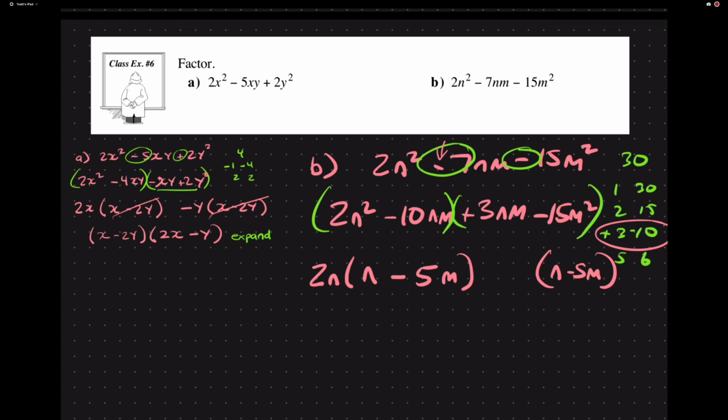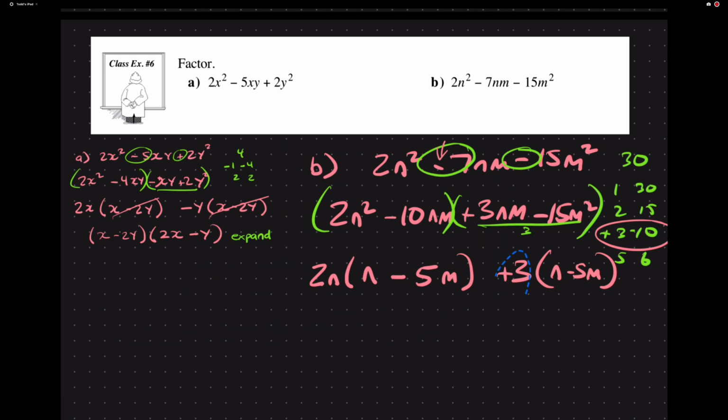So what did I divide all of this by to get n minus 5m? Looks like I just divided the whole thing by 3. So that means I pulled out a positive 3. And we can just check, 3 times n is 3n. No, I've pulled out 3m. I've got to get rid of that m as well.